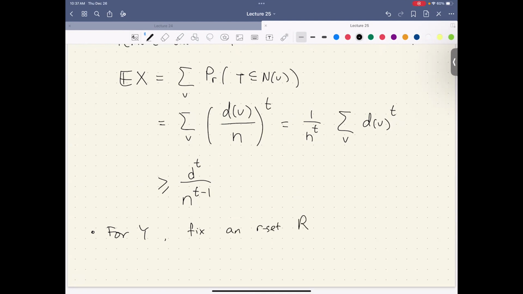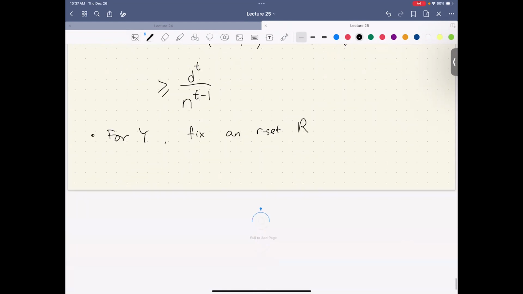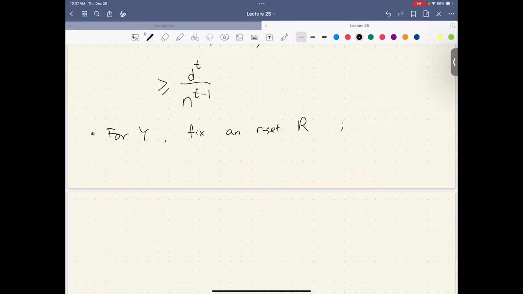If this R set is bad, that means its common neighborhood is smaller than M. Then what is the probability that this bad R set lies in our random set U0?